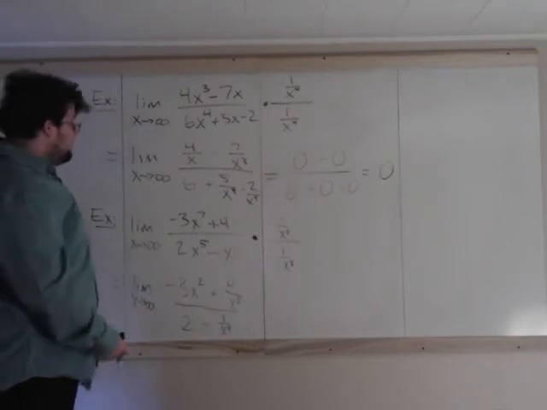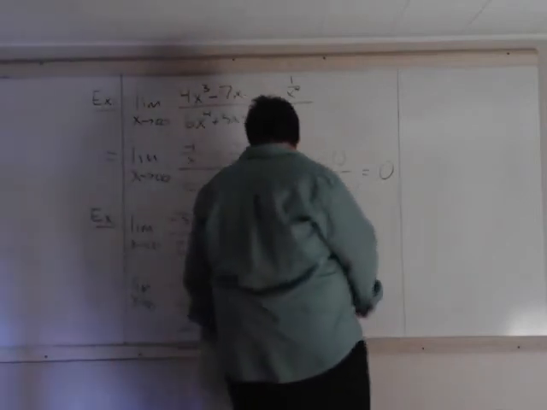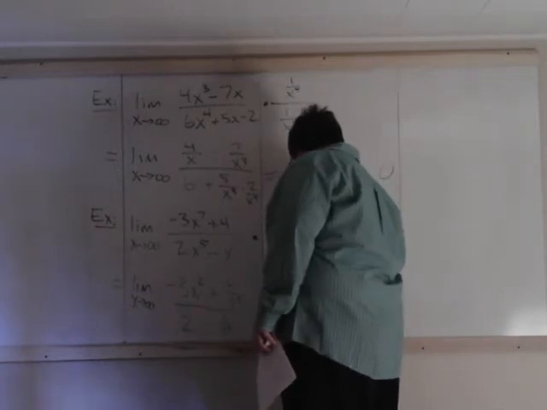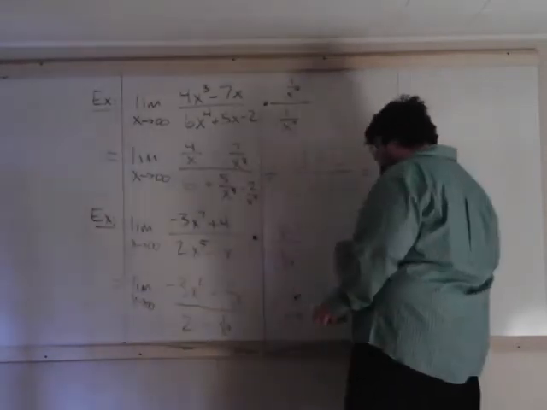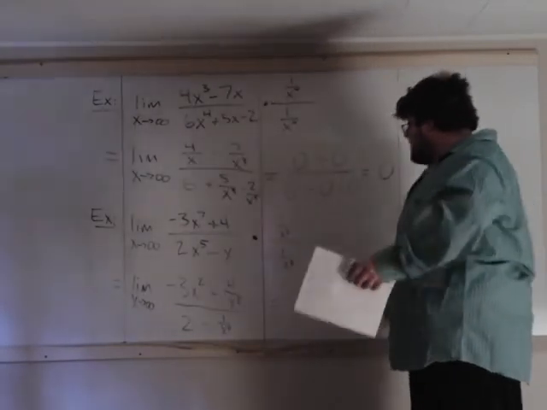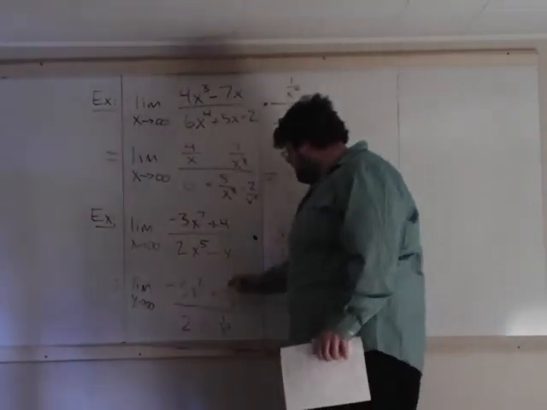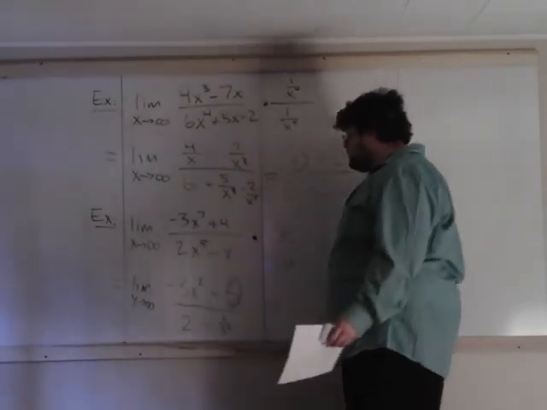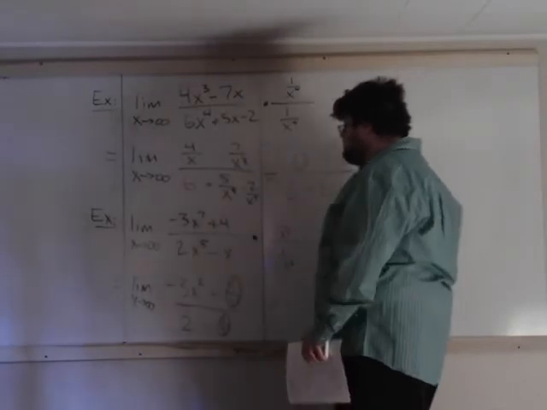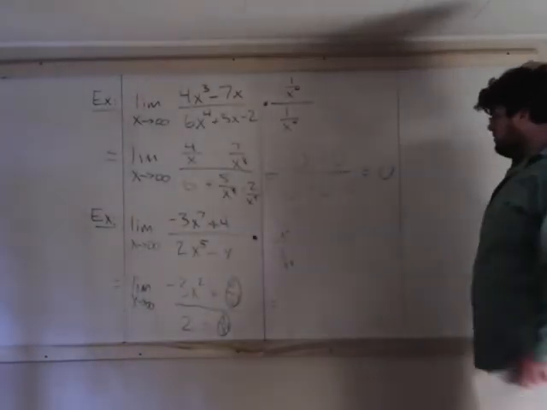We multiply everything by 1 over x to the 5th. And what happens now? Actually, I don't need to write limit as x goes to infinity because we can take the limit. As x goes to infinity, this term goes to 0, 4 over x to the 5th. Negative 1 over x to the 4th also goes to 0. But what does the rest do?